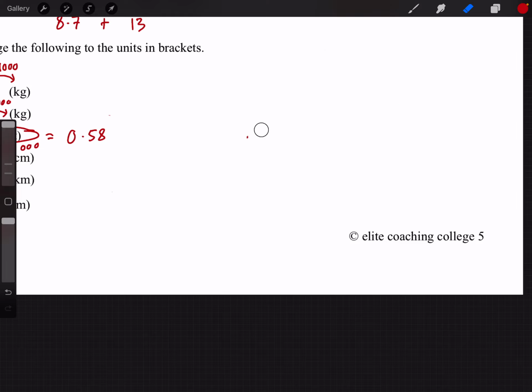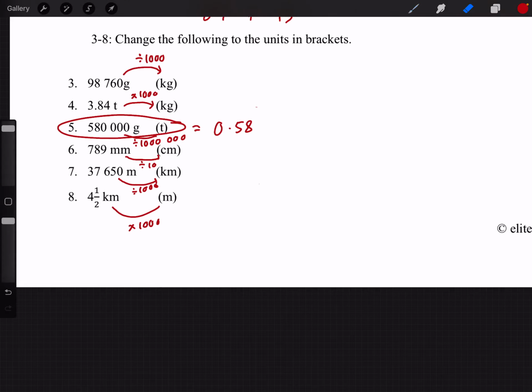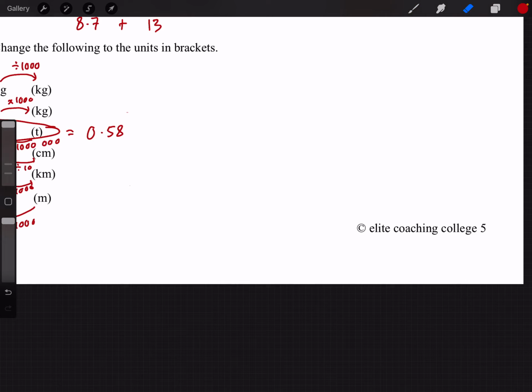Now, there's no conversion rate that tells you about grams and tons, so you have to do a double conversion here. One ton is equal to 1,000 kilograms. But each kilogram is equal to 1,000 grams.